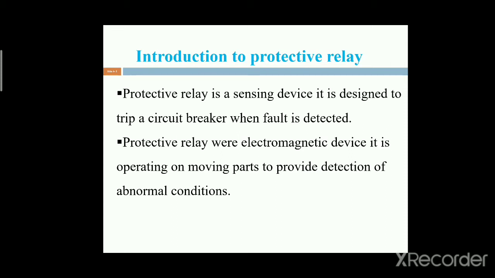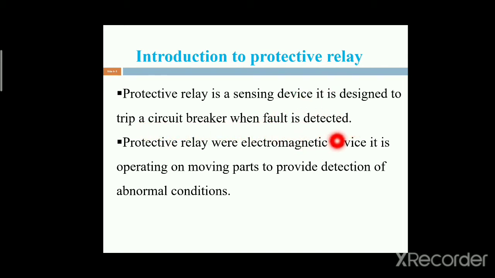It is an electrical or electromagnetic device, and it is a sensing device. It is designed to trip a circuit breaker when a fault is detected.